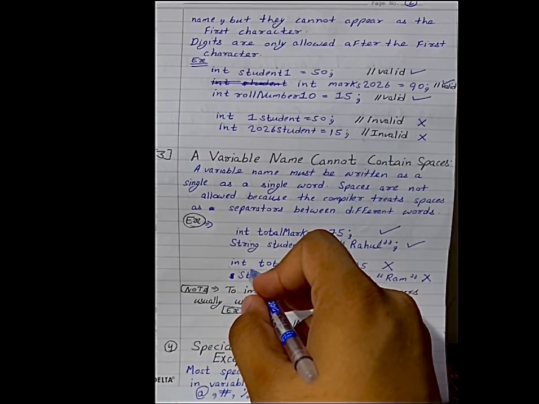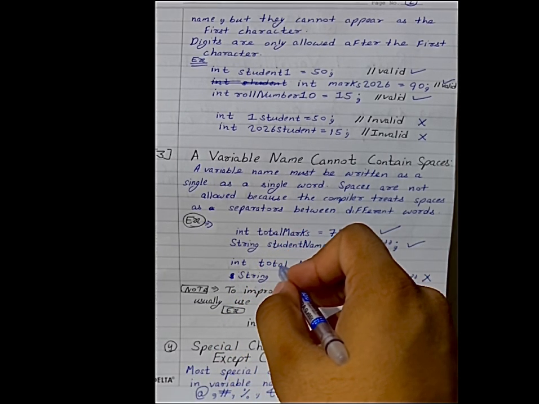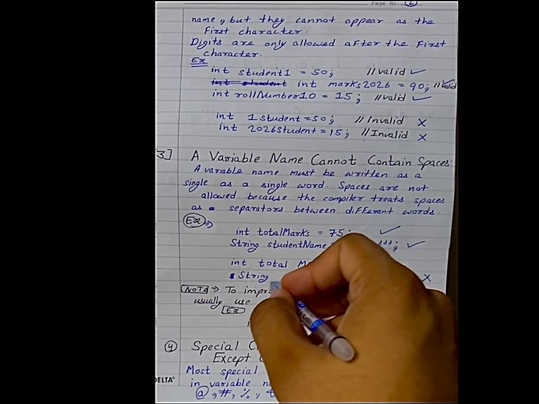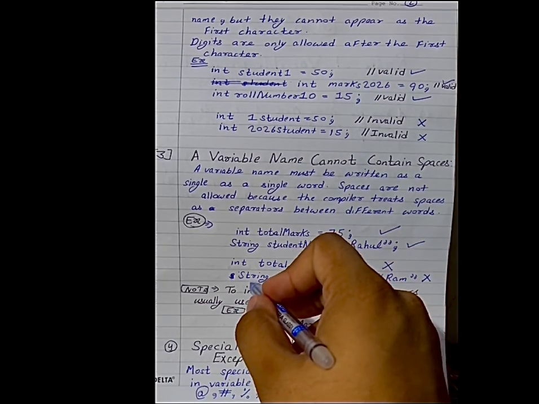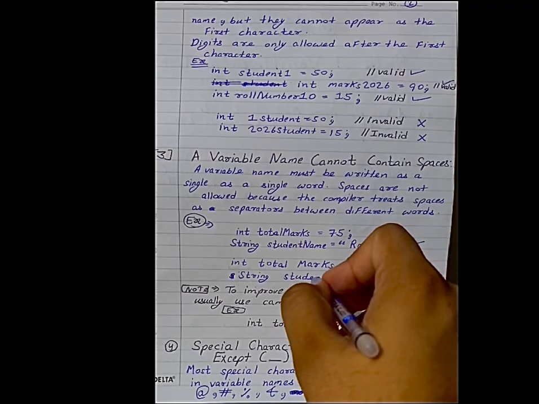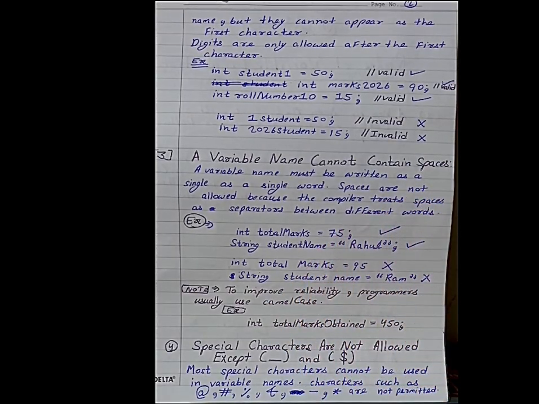But if we write int total marks and give a space between total and marks, then there will be an error. The same happens with this code, String student name: if there is a space between student and name, an error also occurs.